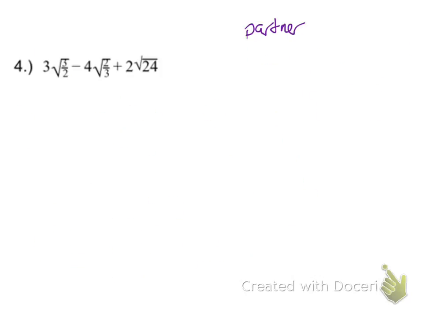Okay, so now we're going to work on problem 4. So what I did was here is I made this larger so we could use it and work on it. And that is 3 times the square root of 3 over 2 minus 4 times the square root of 2 over 3 plus 2 times the square root of 24.